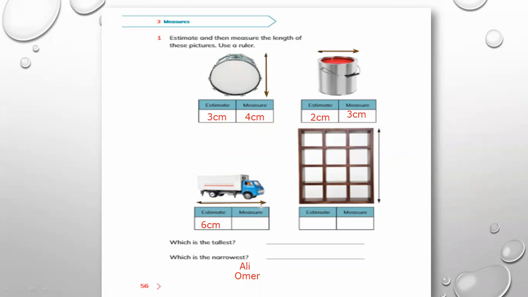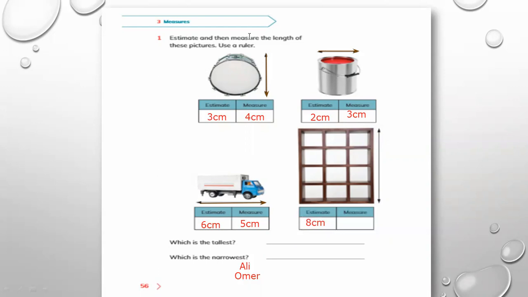So here it will be 5 centimeters. Next, let's say it is 8 centimeters.